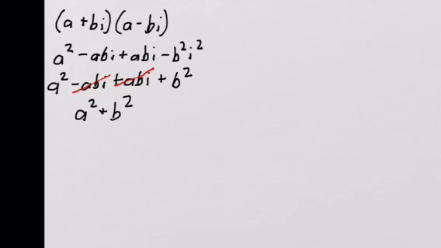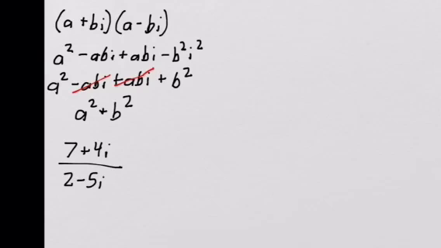So now we can apply this to a division problem. We have 7 plus 4i divided by 2 minus 5i. And like you've learned in previous courses that we want to rationalize the denominator, well, in this case, not only do we want to rationalize the denominator, we also want to make the denominator a real number.